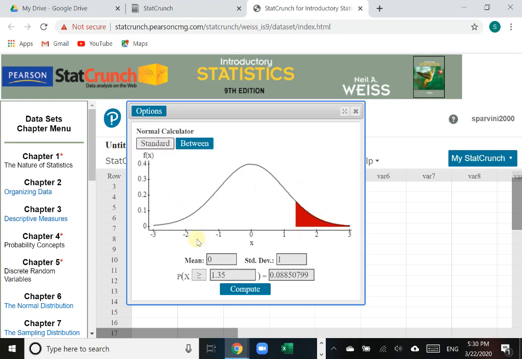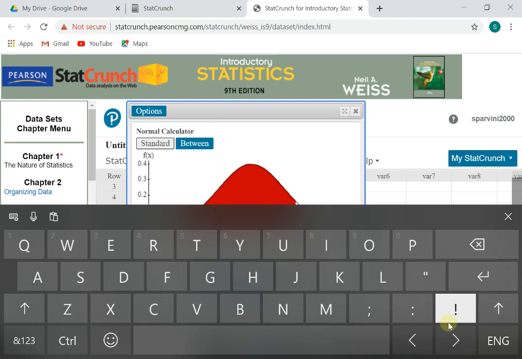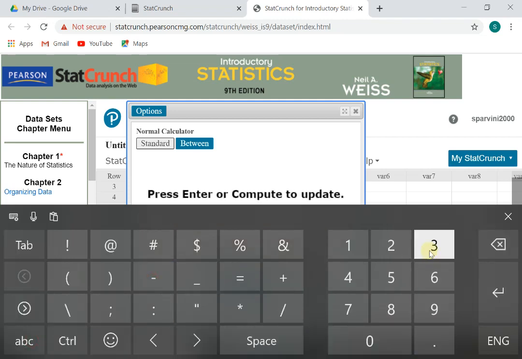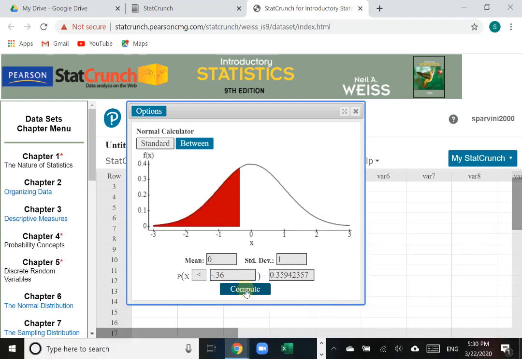Now let me go back to standard, and let's do our last 2 examples that we did on paper. That was to the left of negative 0.36. So I'm gonna go, this is negative 0.36, and that's gonna be 0.3594.